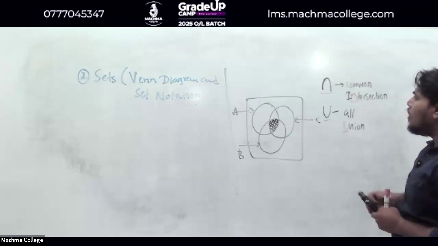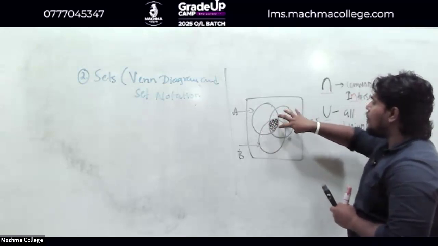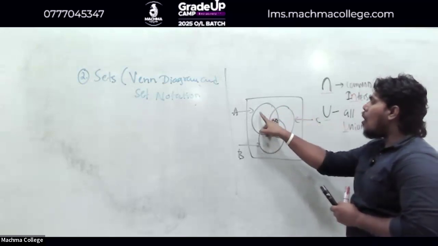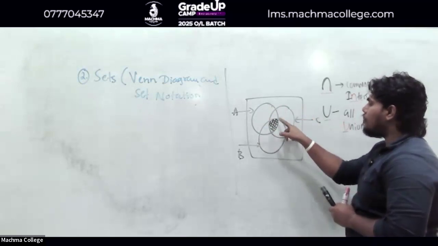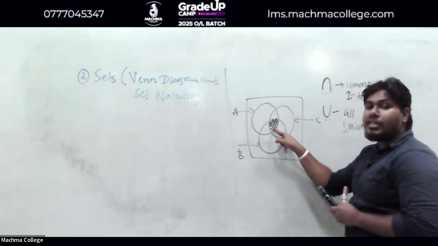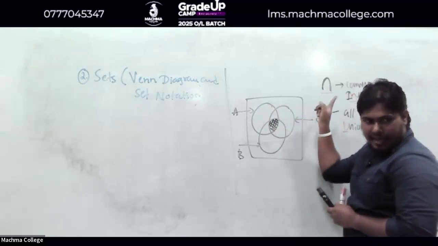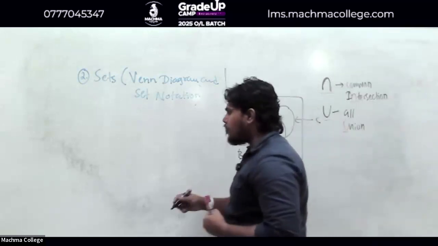Now we can see for the set capital A and set capital B and set capital C, for all three of them, this shaded region is common. Common means intersection.